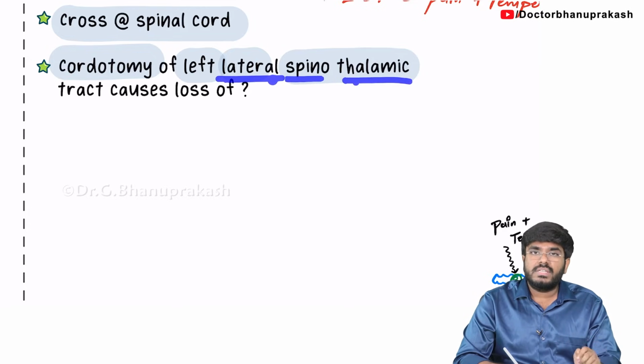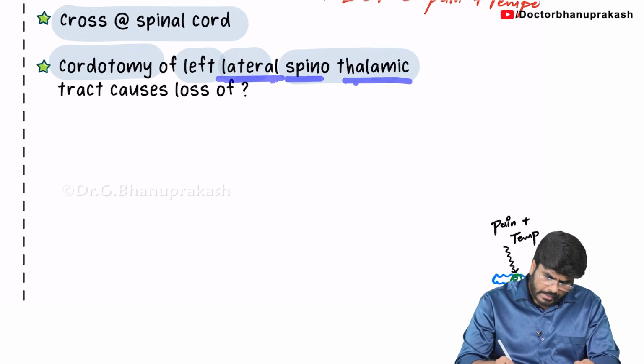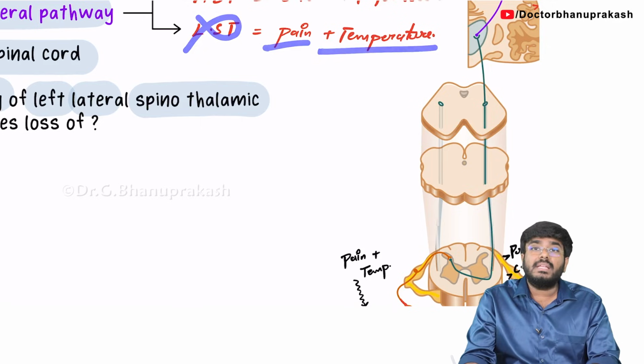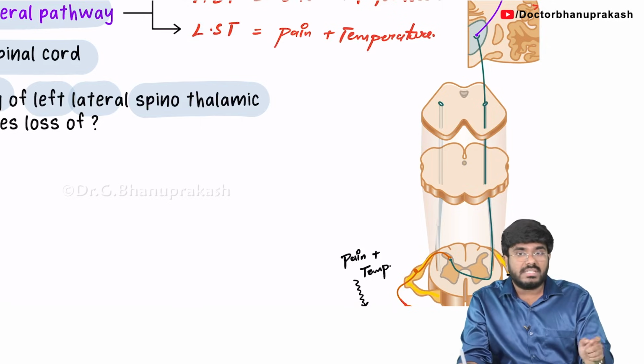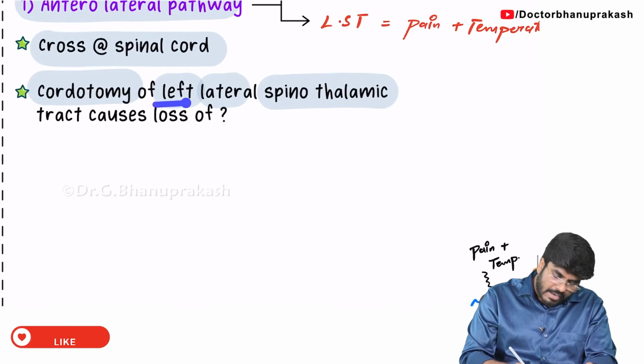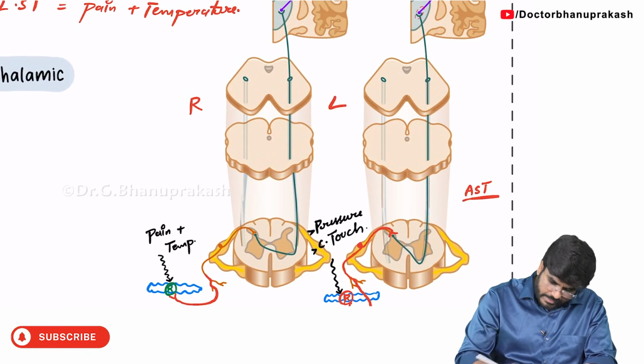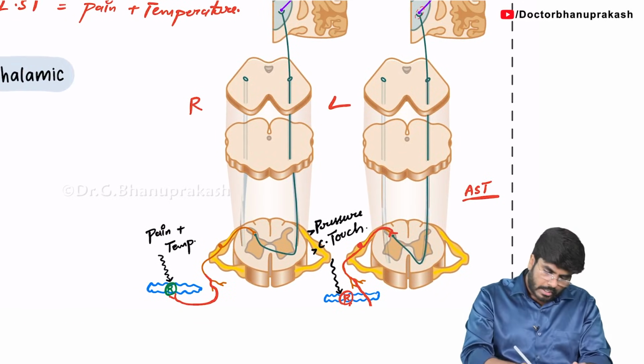Gone. So which sensations are lost? Now you tell me. Sir, lateral affected. If the lateral spinothalamic is affected, the person is going to lose pain and temperature on which side of the body? On the opposite side of the body. So if you cut the left side, let's say here is the right side and here is the left side of the body. Now who is being affected?